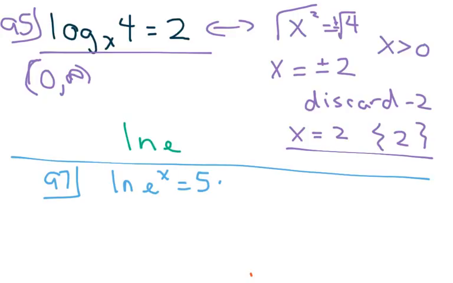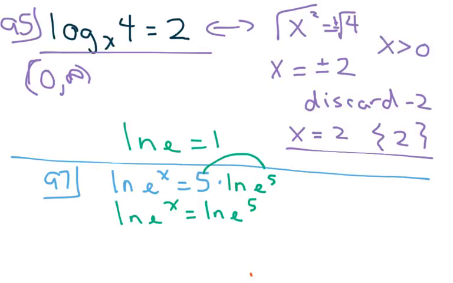Natural log of e equals 1. So if I multiply this by 1, I'm not changing it. 5 times 1 is just 5. So in natural log land, that 1 equals natural log of e. Then I'm going to use my power property and put the 5 here. So basically I have natural log of e to the x equals natural log of e to the 5th.